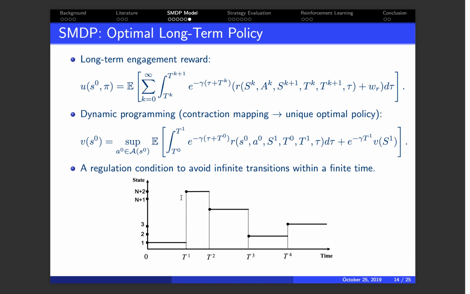These things can be represented by dynamic programming form, which is this operator is a contraction mapping, and it means that we will obtain a unique optimal policy by value iteration, policy iteration, or linear programming. For SMDP, we will need an extra regularity condition to avoid infinite transitions within a finite time.